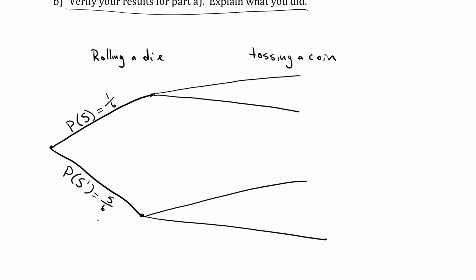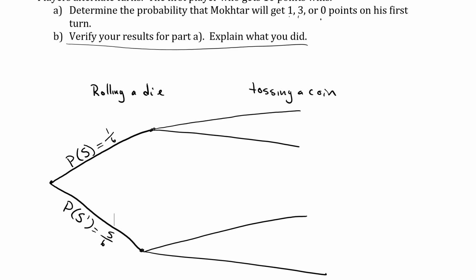So on the rolling of the die part, no matter what, there is going to be an outcome 100% of the time. Tossing a coin, either you're going to get tails or heads, so the probability of heads is 1/2. And the probability of tails, or the complement of H, is 1/2.